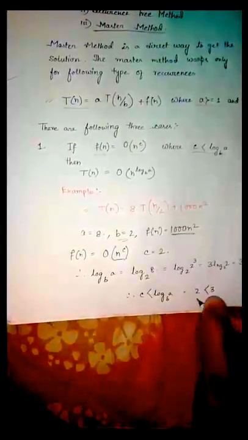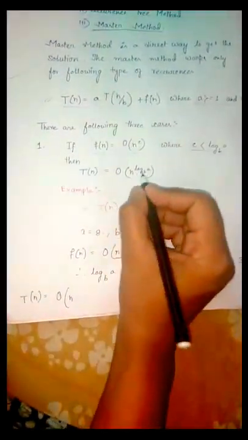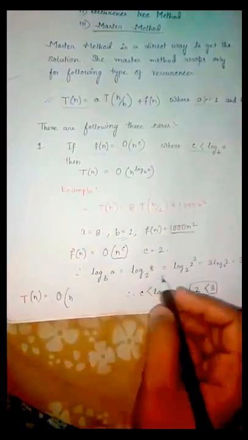Here c is 2, which is less than 3. It satisfies. So T of n will be O of n to the power log a base b, which is n to the power 3. So the time complexity will be T of n is equal to big O of n cube.